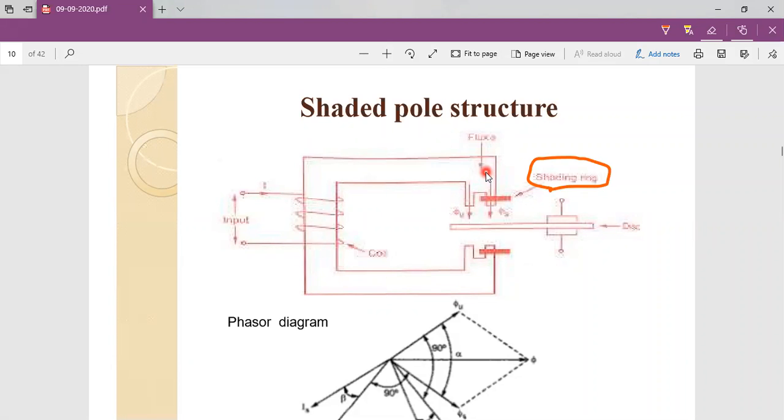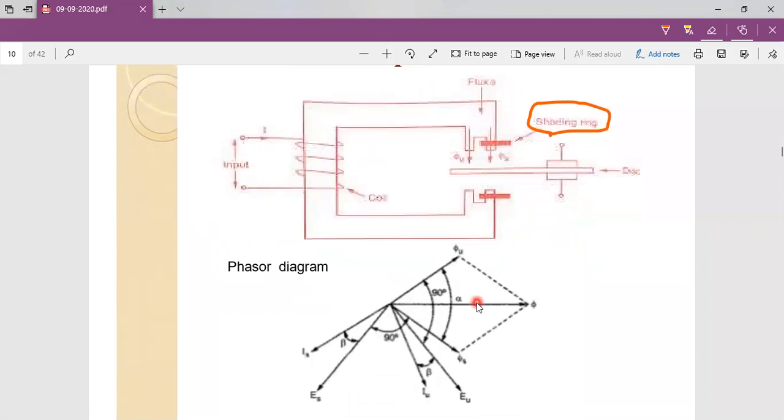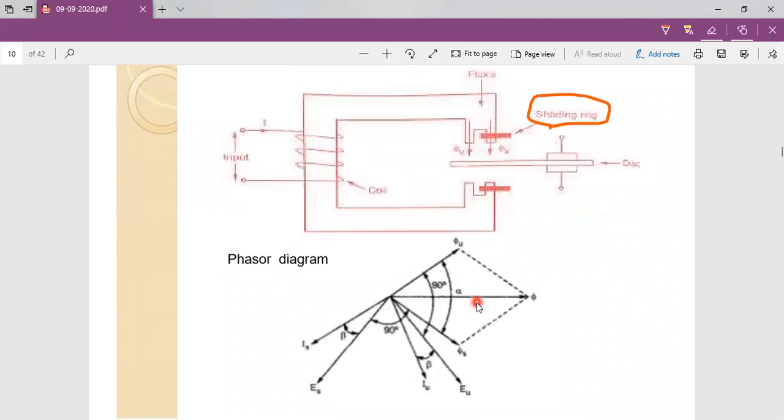Here the change in cause is main flux or main voltage. Now, by seeing this phasor diagram, we can explain. Here we can observe two fluxes.